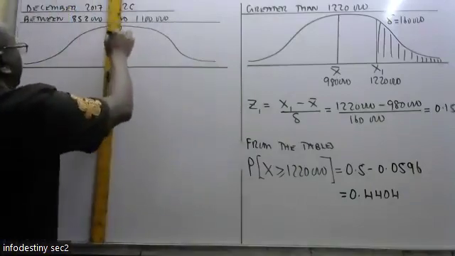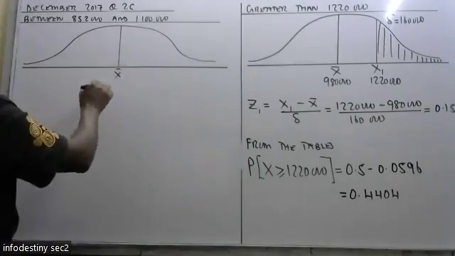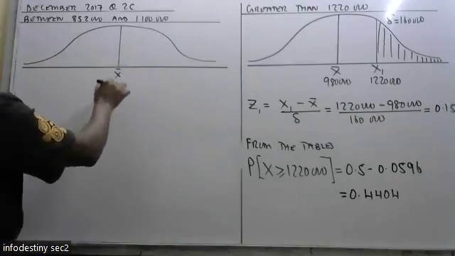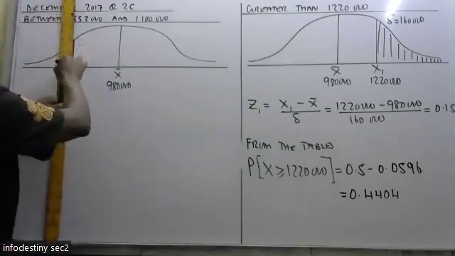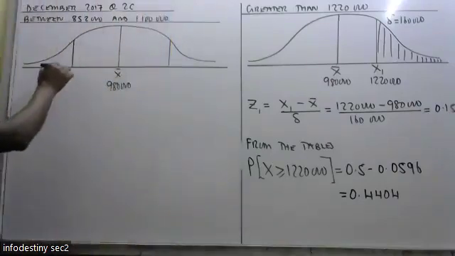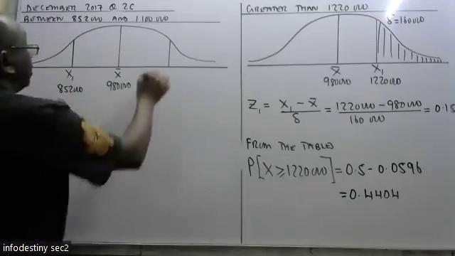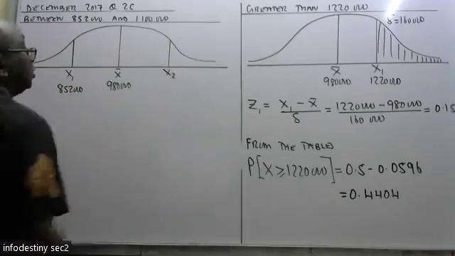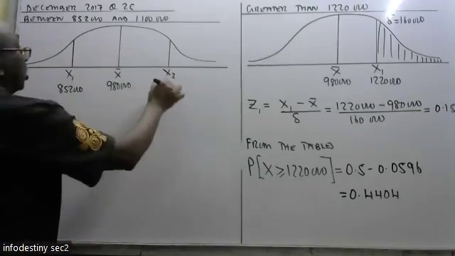So we have the mean here, X bar, which is 980,000. We have X1, which is 852,000, and X2, which is 1,100,000.